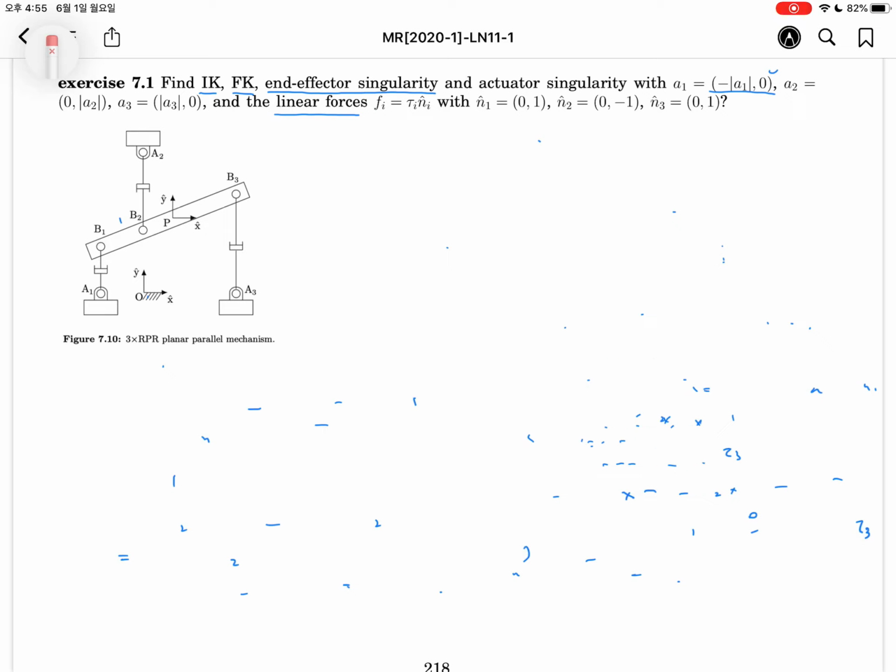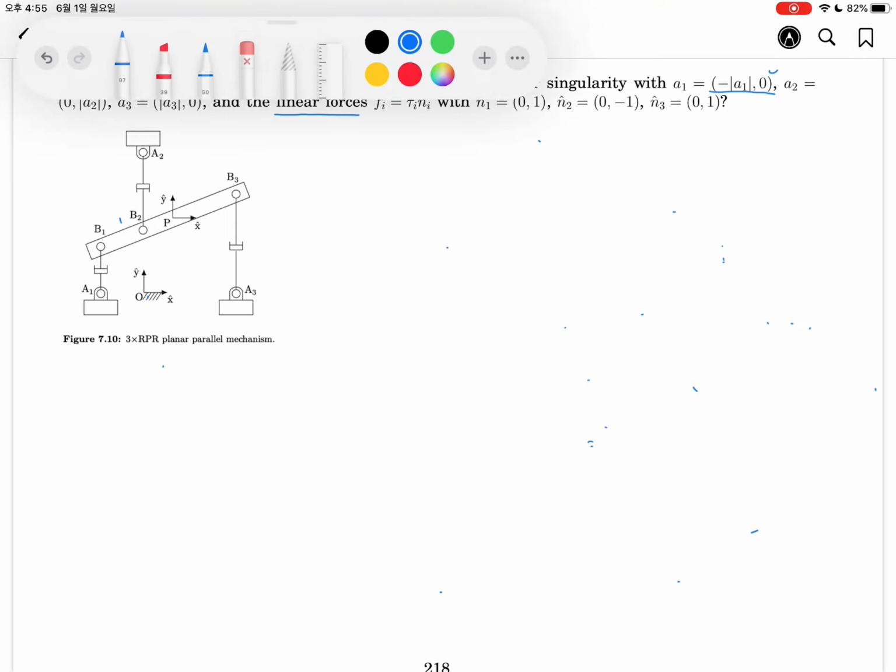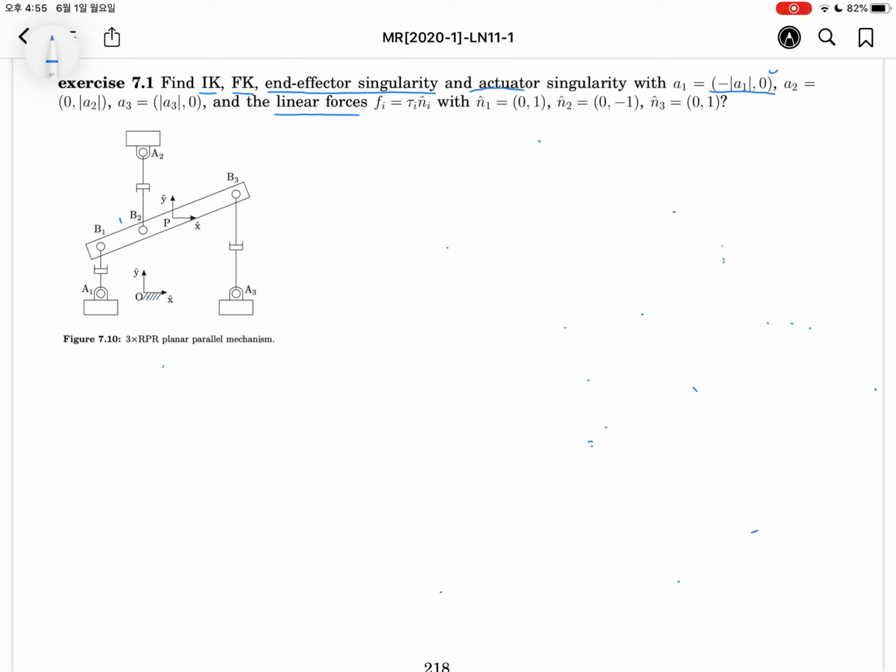Okay, let's check the actuator singularity for this mechanism. It's not difficult. Please follow my procedure. It can be very helpful for how to derive the kinematics of a parallel mechanism. Okay, the last issue is about the actuator singularity.